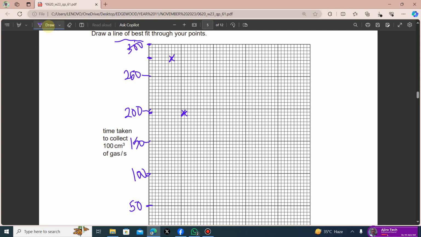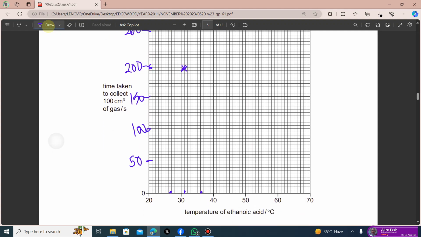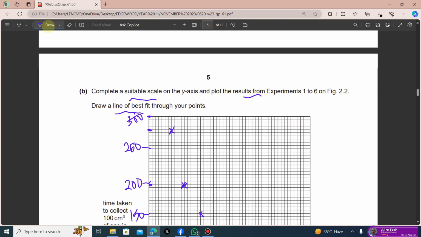Since this is 148, we are looking at very close to 150. So let's just save time and put it here, somewhere around there. I think we got that right. All right, so that's for that.